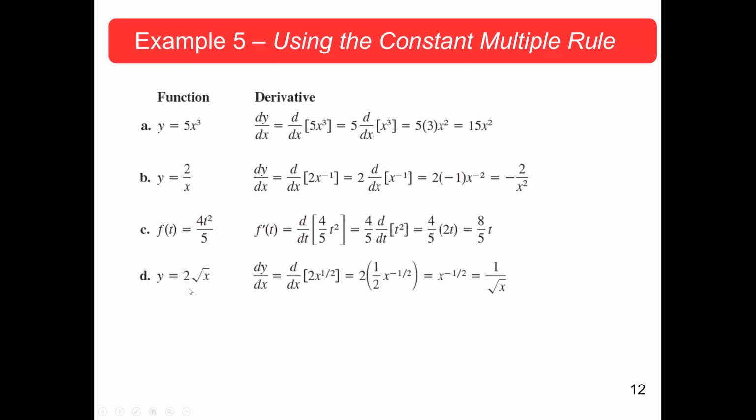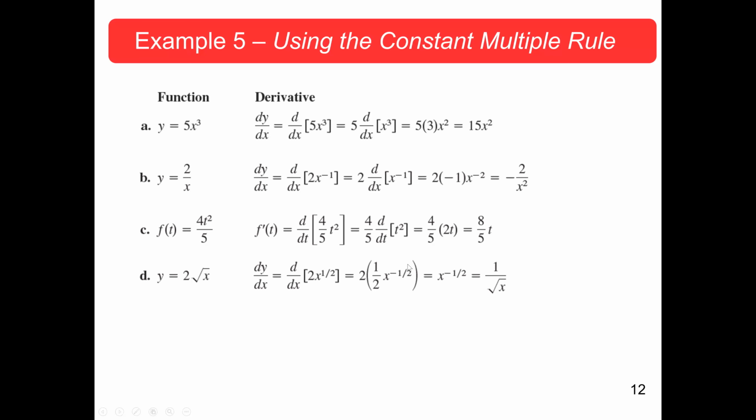Next example, we have 2 times square root of x. As we all know, square root of x, the power will be half. So we rewrite as x to the power half. 2 will be removed out. Then we find the derivative of x to the power half, which will give us half x to the power negative half.